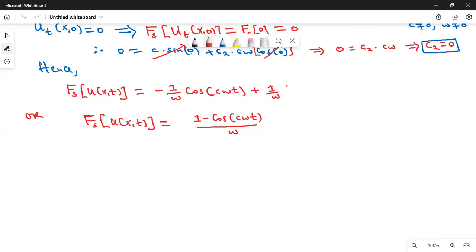And you can simplify this further. Remember that 1 minus cos 2 theta, I want us to take note here that when we talk of sine squared theta, sine squared theta is usually equal to 1 over 2 into 1 minus cosine of 2 theta.